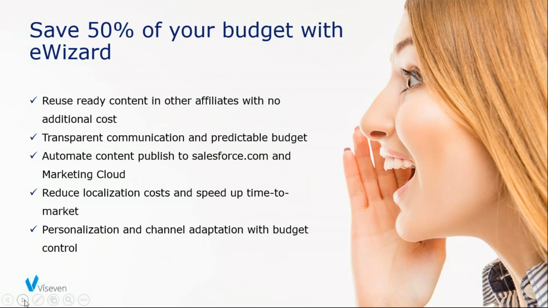Thanks to the transparent flow of communication and collaboration within the tool and between the different stakeholders of content management. Definitely the publish automation also proved itself as a really effective option, and the personalization and channel adaptation within the budget control.